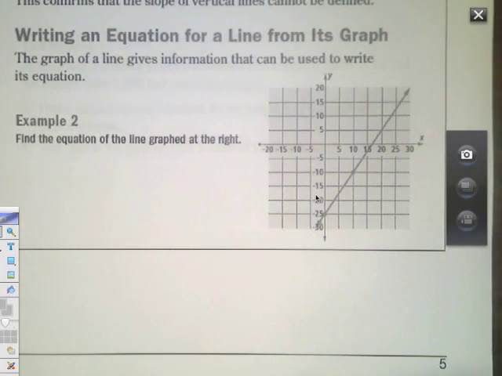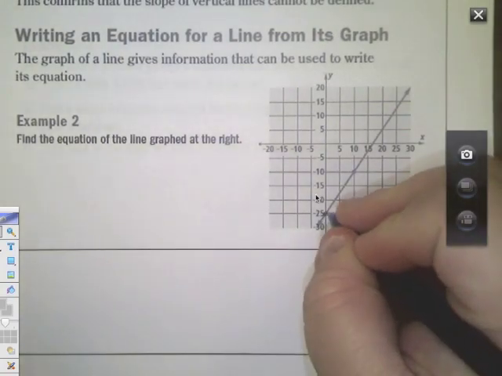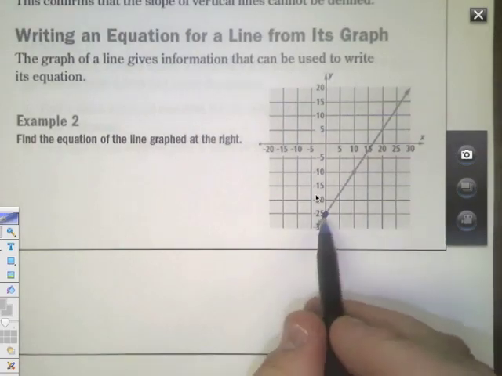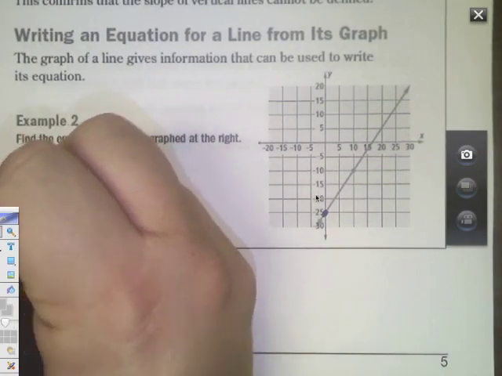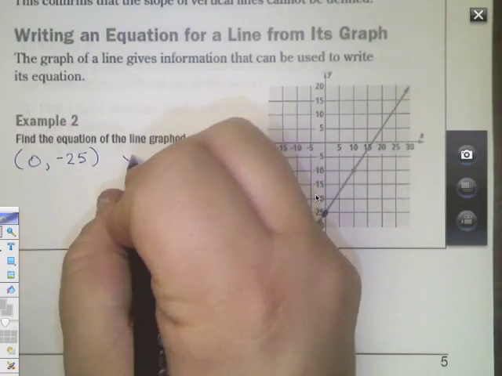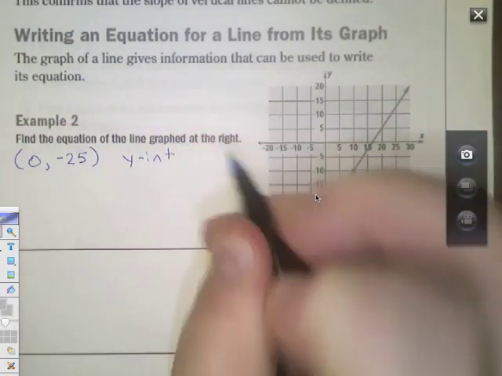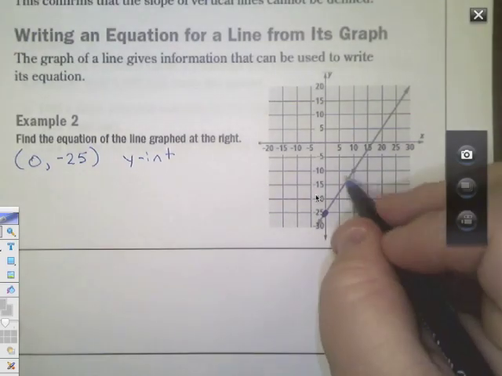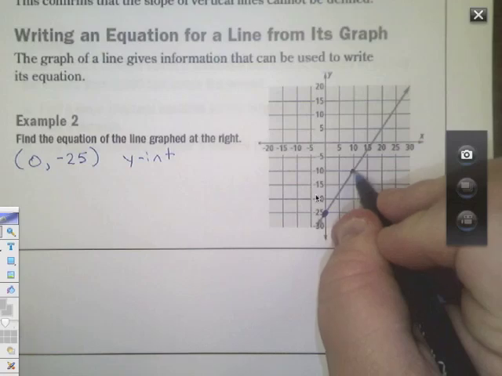We need slope. So I'm going to pick 2 points that are on this line. Well, I see one point right here. That is also my y-intercept because it is found at (0, -25). That's also my y-intercept.